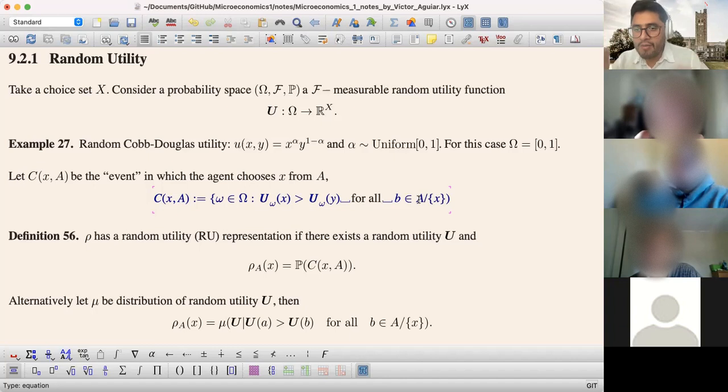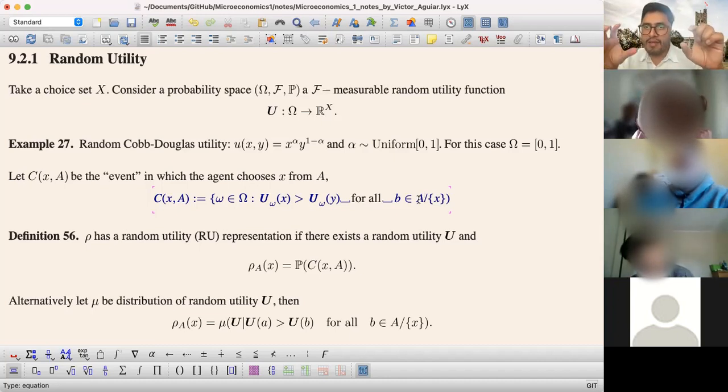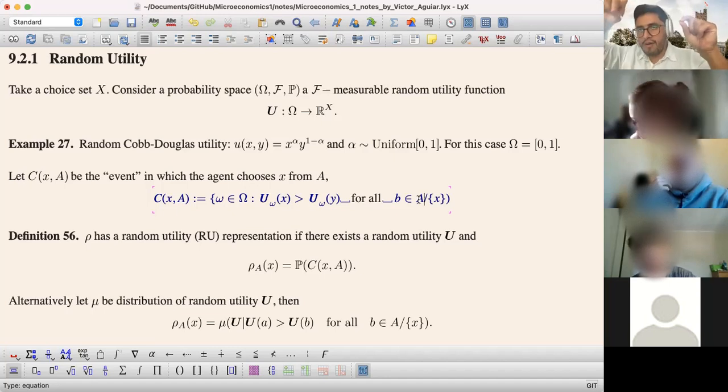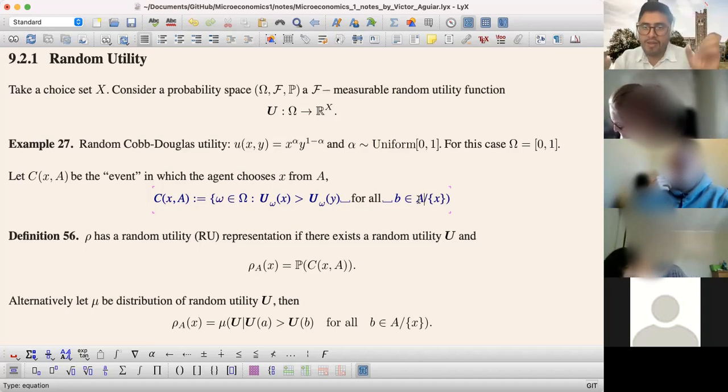So as you can see, even the random utility model has limitations, right? Because it does not capture inattention, right? It's not that magically creating an omega is now making the fact that you don't pick certain alternatives, right? You can only map the omega to a utility. So the only kind of heterogeneity that you can capture with the random utility is just variation in rankings. So each omega maps to a different utility, hence a different ranking. So the only types of things we have described, for instance, variation in risk aversion, just changes how you rank lotteries, right?